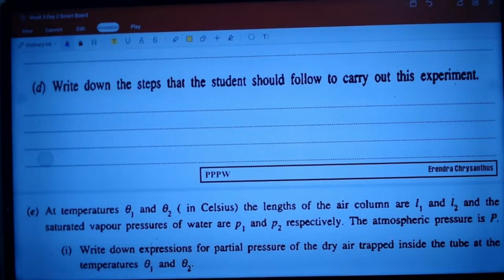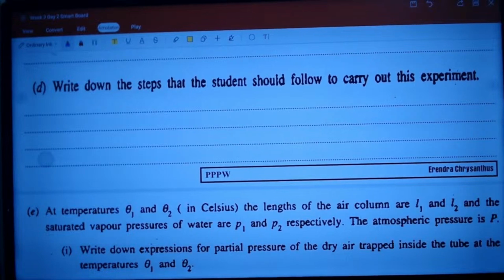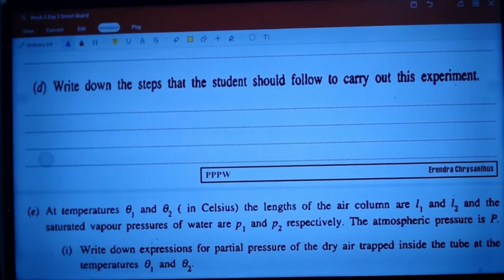We increase the temperature of water and continuously stir.